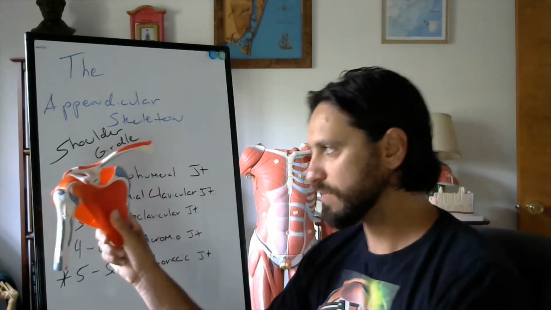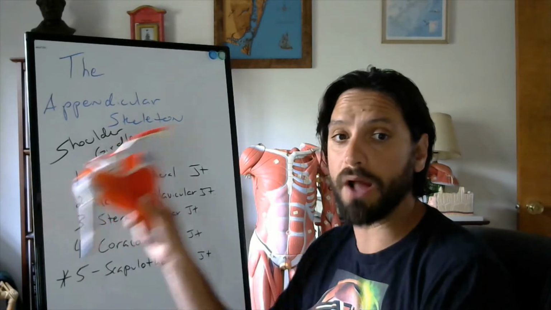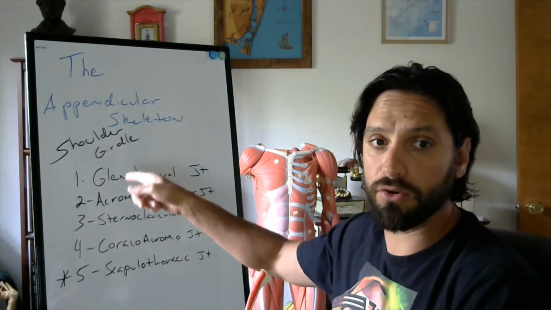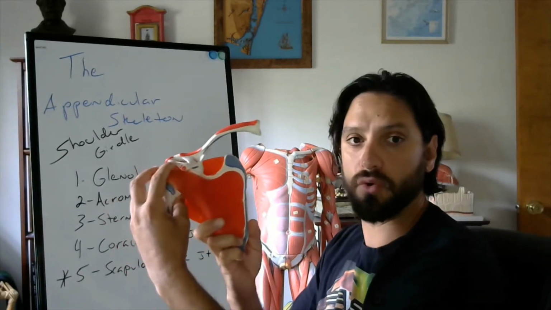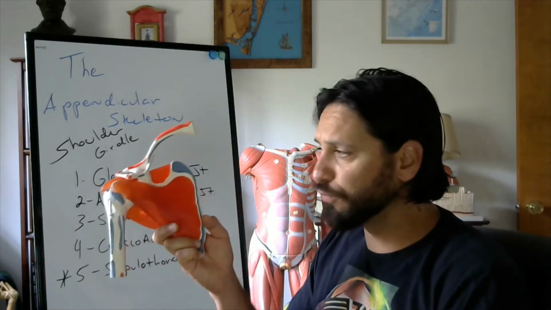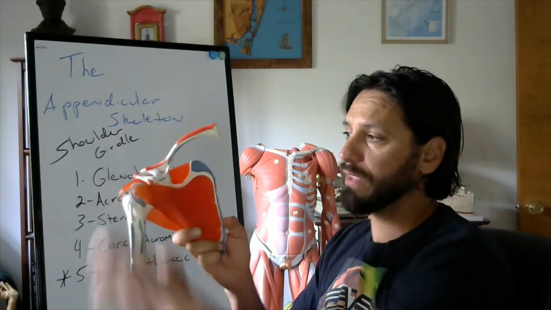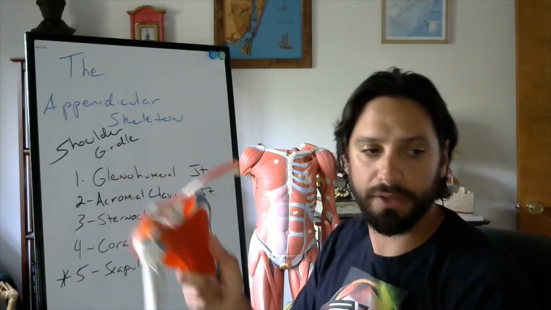So in the shoulder, the glenohumeral joint, which is the true ball and socket joint, that's right here, glenohumeral joint, okay? That's the true ball and socket joint of the shoulder, all right? And that's really your humerus and the scapula where they meet together. Your scapula is your shoulder blade, okay?